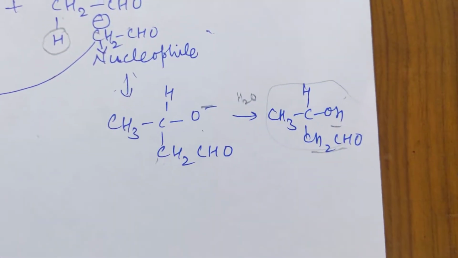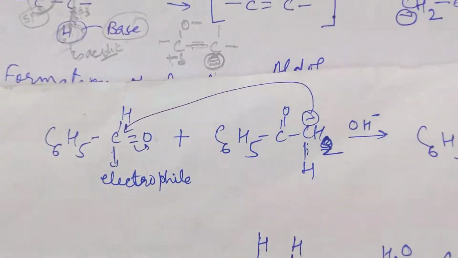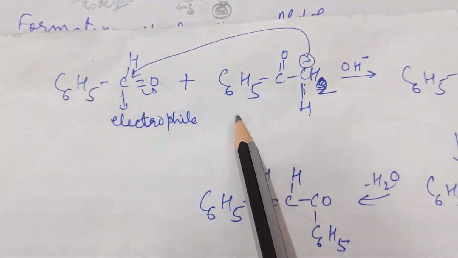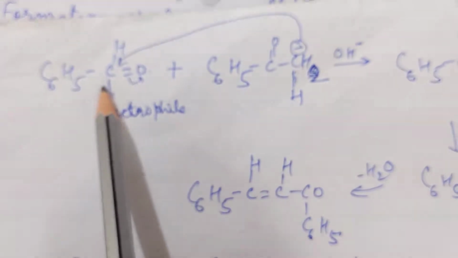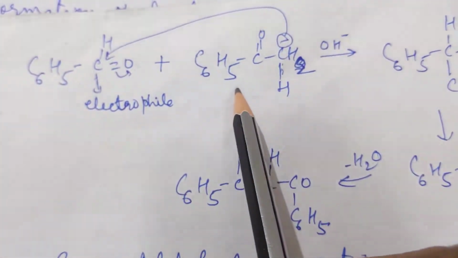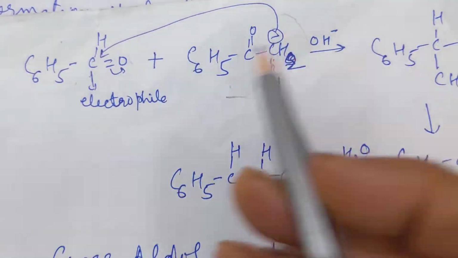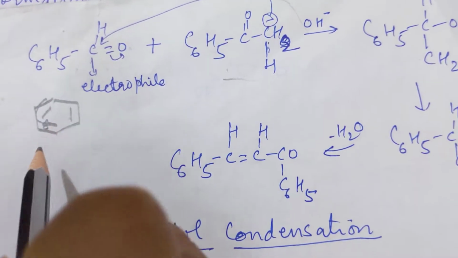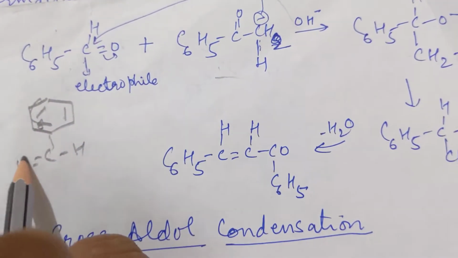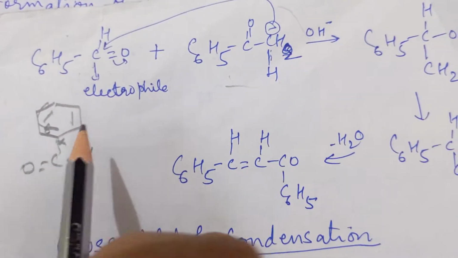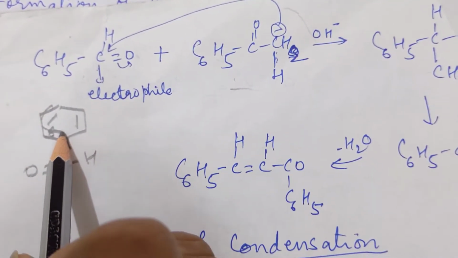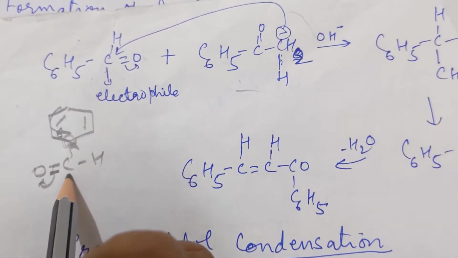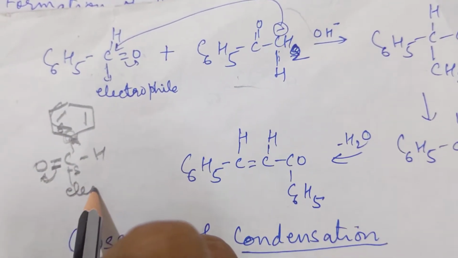Aldol condensation can happen with an aldehyde where no alpha hydrogen is present and one where alpha hydrogen is present, like benzaldehyde. If we draw the structure of benzaldehyde, this carbon is alpha and this carbon doesn't have any alpha hydrogen. So in benzaldehyde it will become positively charged, so this will be the electrophile.